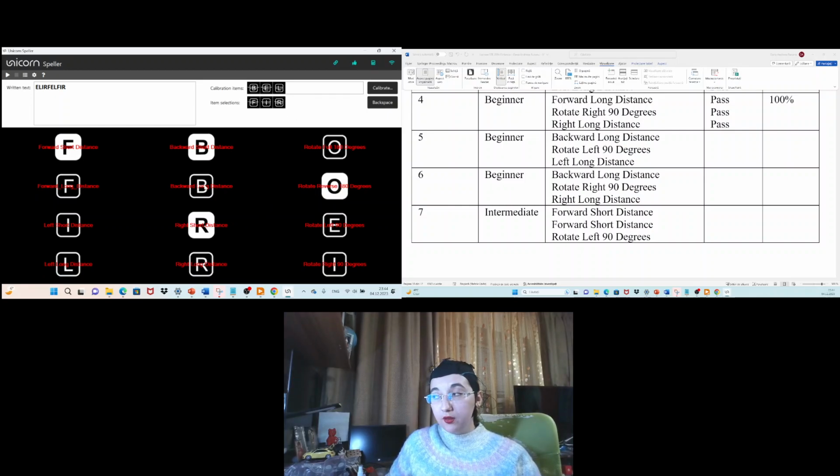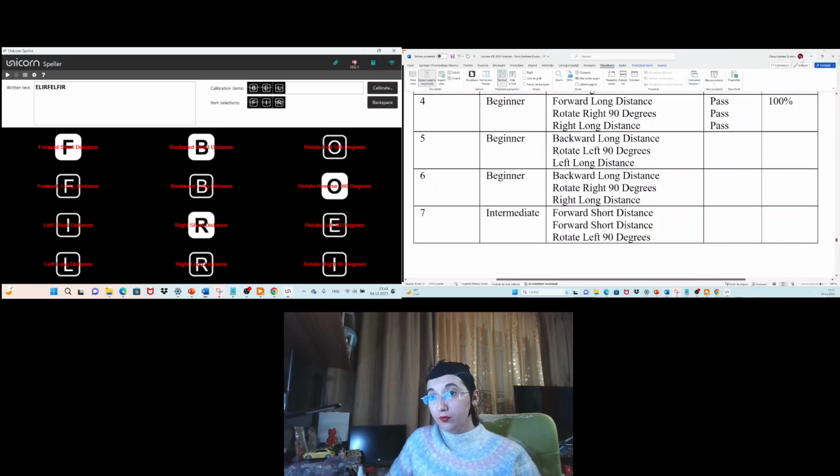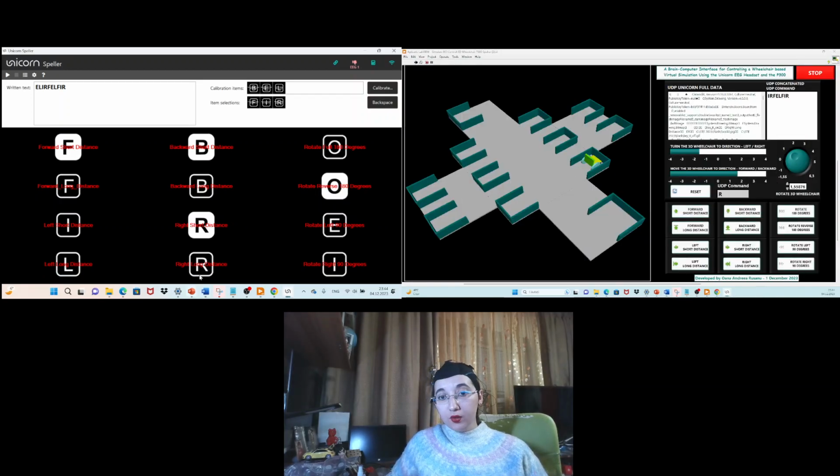So backward long distance, rotate left 90 degrees, and left long distance. So these items are just to remind me which are the letters that I need to focus on. Okay, let's begin.